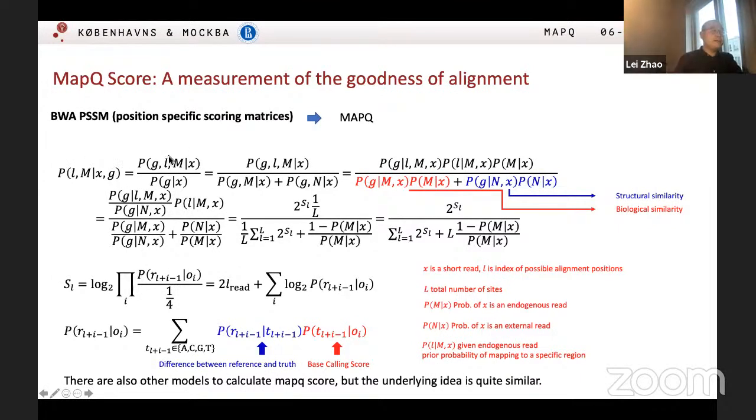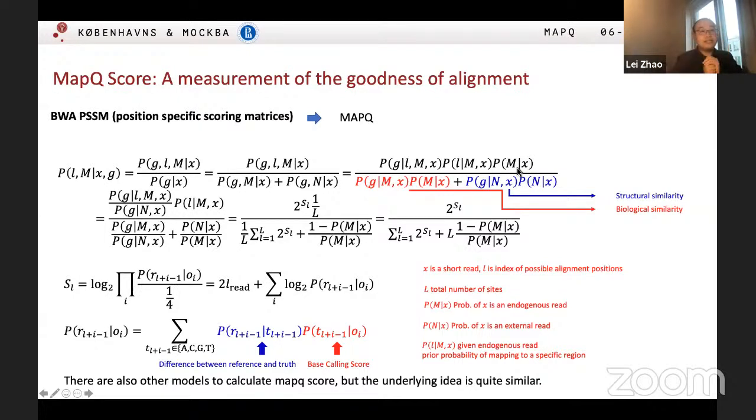So basically here you have a read and you want to know whether it comes from a specific position along the genome. You will get this kind of calculation, and this obeys Bayes' theorem. This is a prior probability.